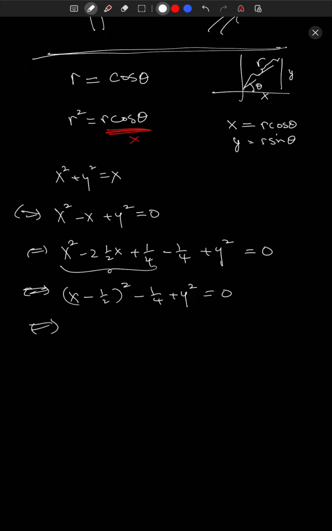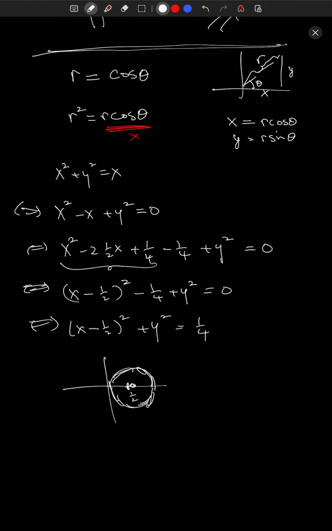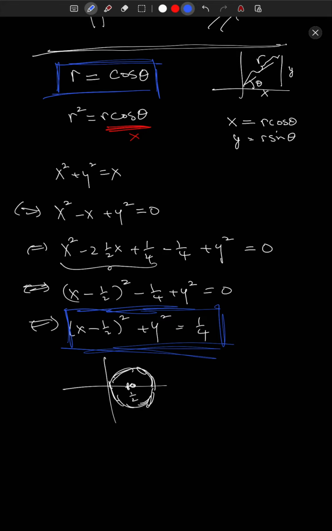I throw the 1/4 to the other side: x minus 1/2 squared plus y squared equals 1/4. And now we see this is actually just a circle of radius 1/2 about the point (1/2, 0). Okay, so this is a second example where the rectangular coordinates are a little bit complicated, but the polar coordinates are in a way kind of simple.